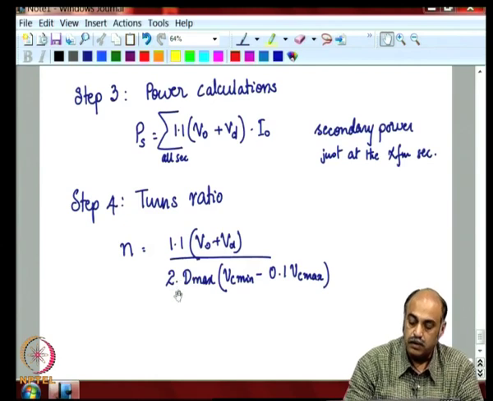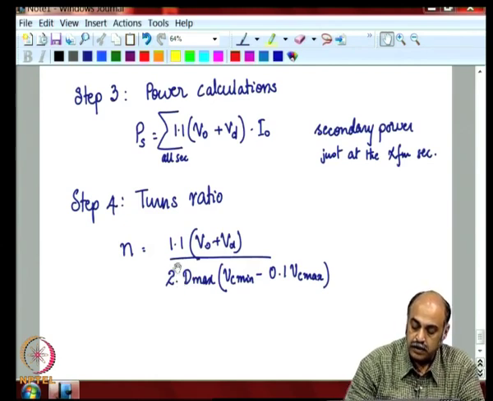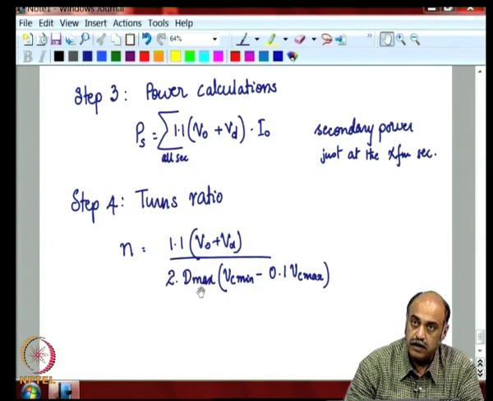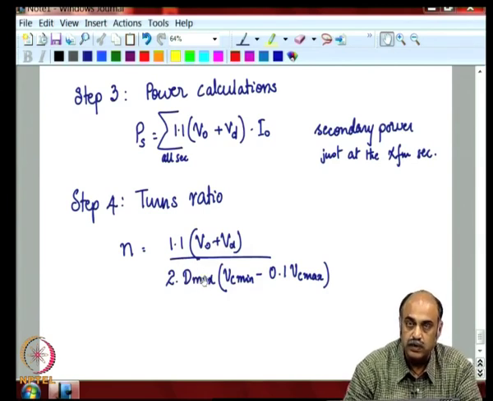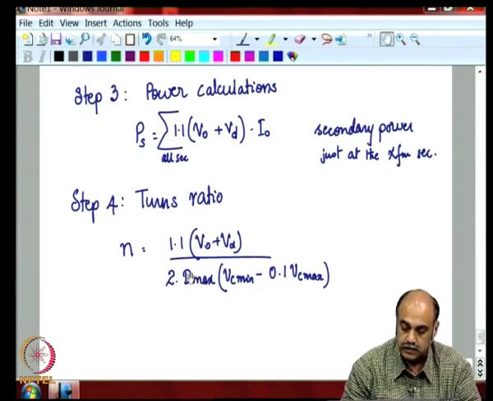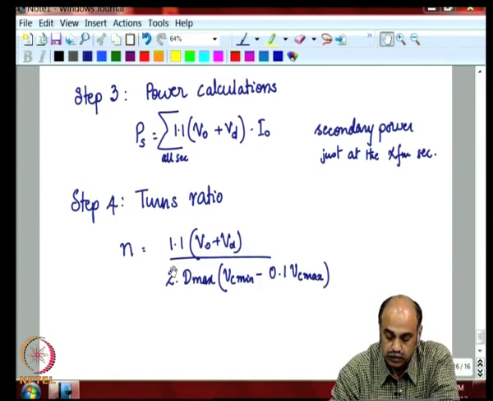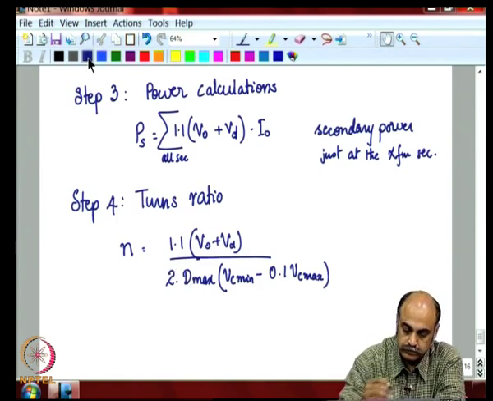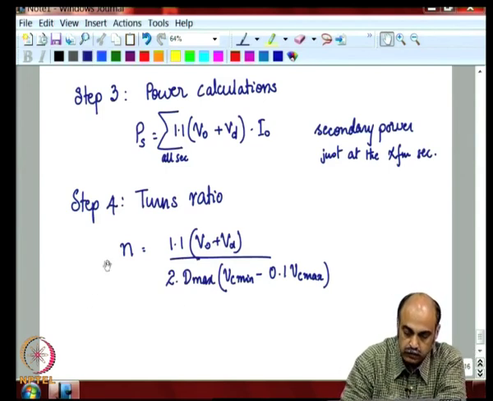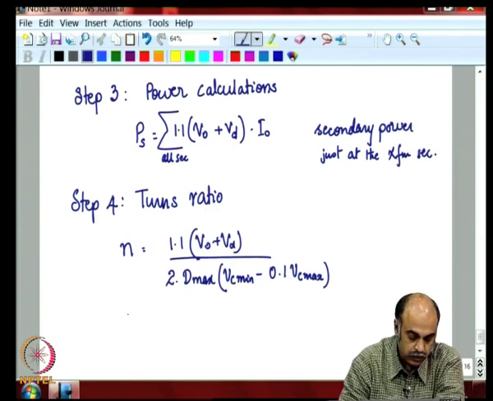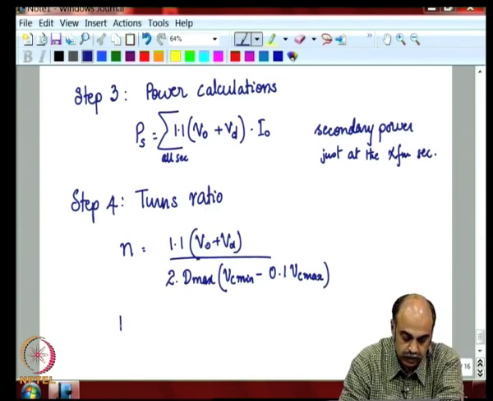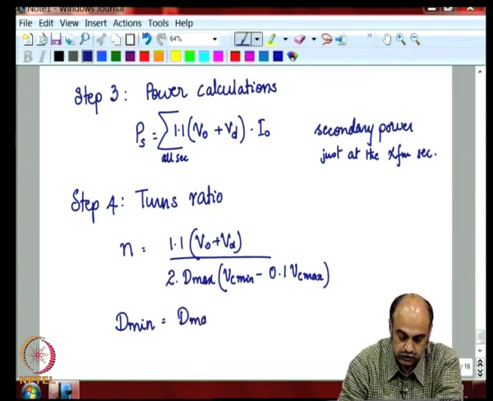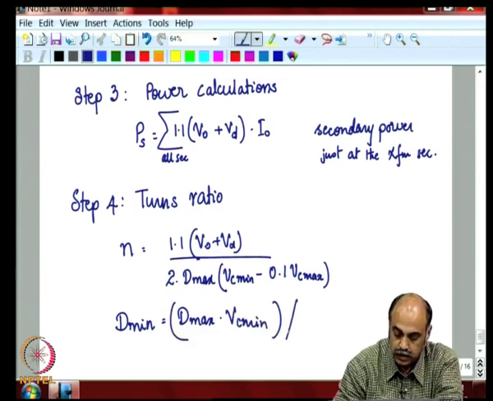You have 2 sets of windings center tapped, and the effective duty cycle is actually doubled, and so that is the d max that comes into picture. So, after the turns ratio, let us calculate the duty ratio, d min, nothing but d max into Vc min by Vc max.